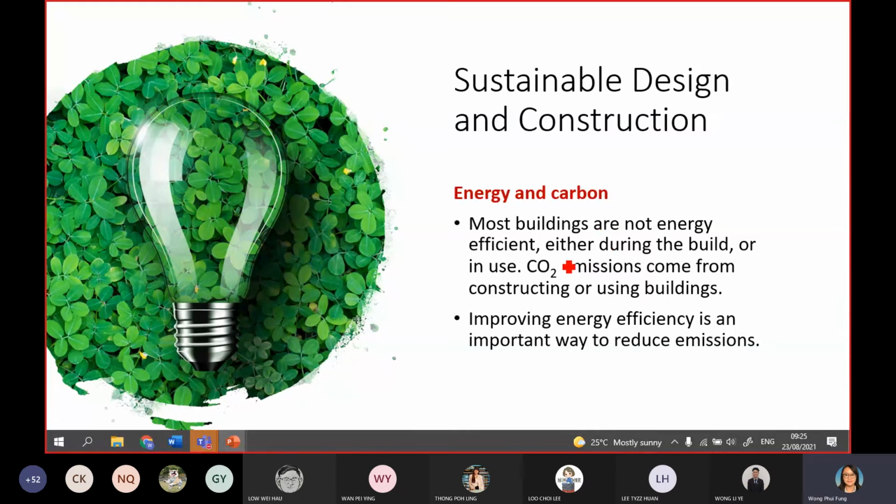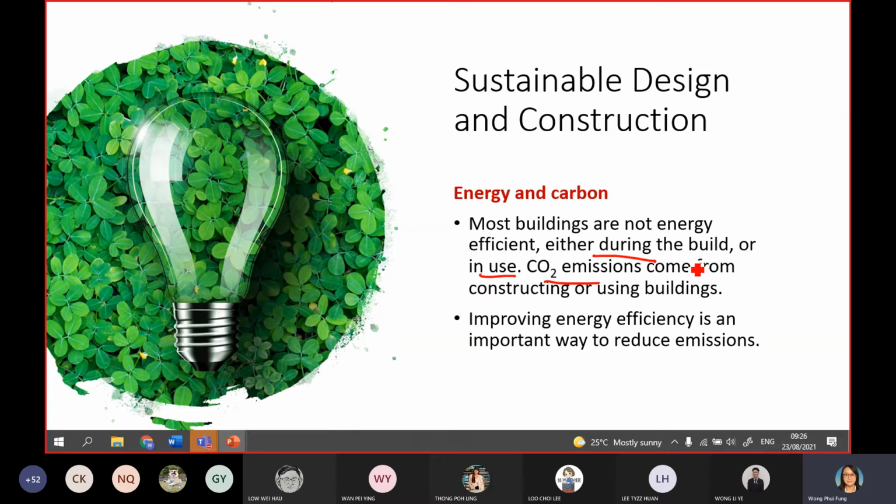So for energy and carbon, most of the buildings are not energy efficient. Especially we are talking about existing buildings. Okay, most of the existing buildings, most of the old buildings, are not energy efficient either during the construction or during the operation in use.